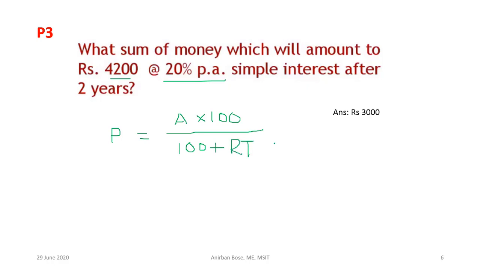A is 4,200 into 100 divided by 100 plus RT. What is R into T? That is 20 into 2, 40. So 140. This will cancel, and 14 into 30, so 30 into 100 is rupees 3,000. So the principal will be 3,000.